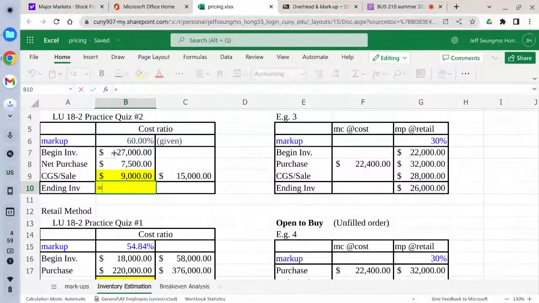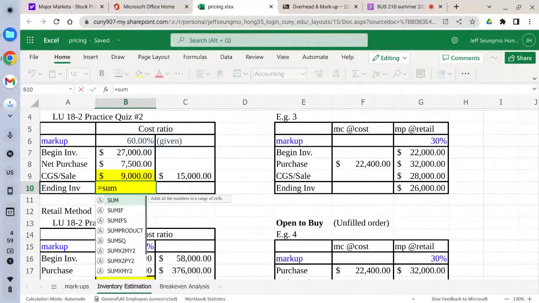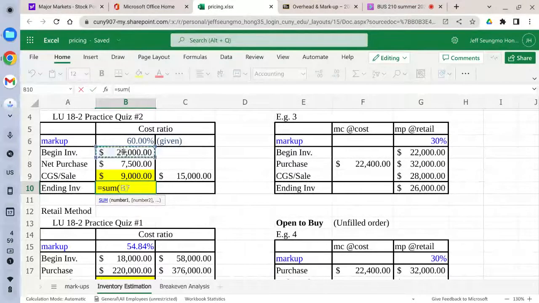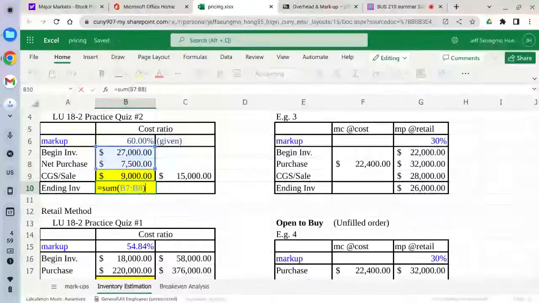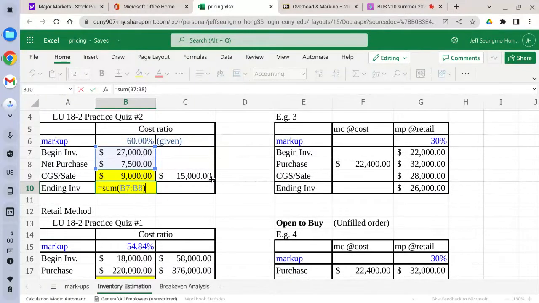Ending inventory is what? Beginning inventory plus net purchase, and that's called GAS, right? Beginning inventory plus net purchase is GAS, and minus CGS, that's ending inventory.